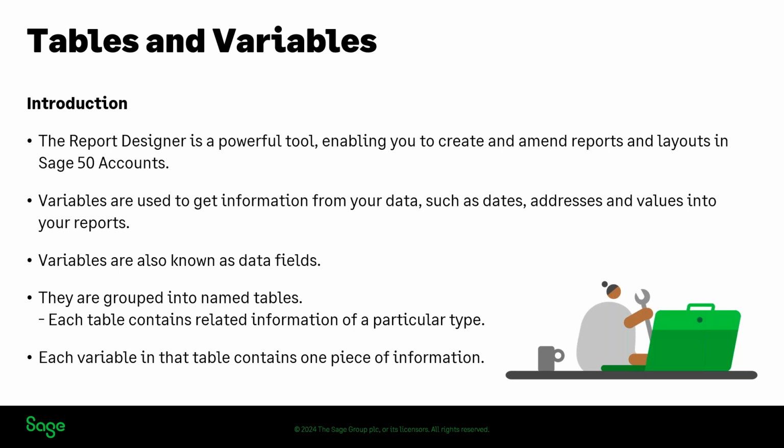So if you think about your different ledgers, there will be one for customers, there'd be one for your suppliers. So that's the type of thing that your tables exist for. And then each table obviously has a list of variables within it. Now each variable in that table is going to contain one piece of information. And that's what we're going to be looking at in today's session.